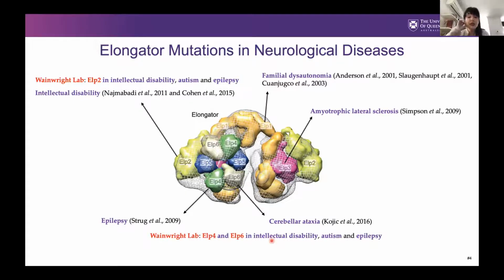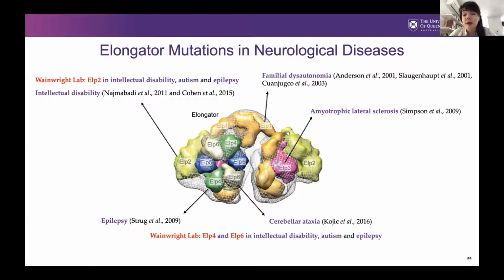So as you can see, there are so many mutations in elongator subunits leading to various neurological diseases. But interestingly, with the exception of familial dysautonomia, which affects the peripheral nervous system, none of the mutations affecting the central nervous system have actually been studied. So we don't know how these pathologies arise.